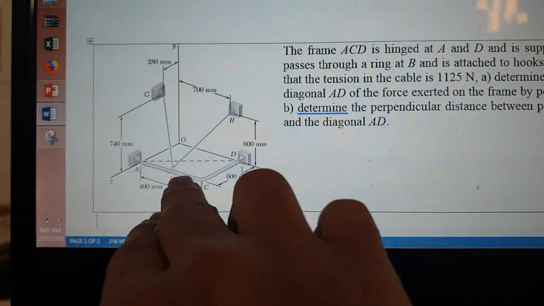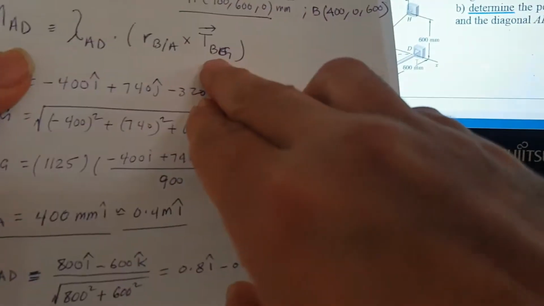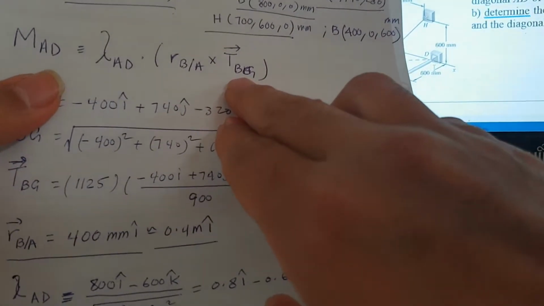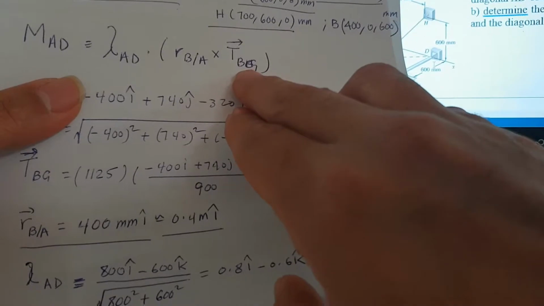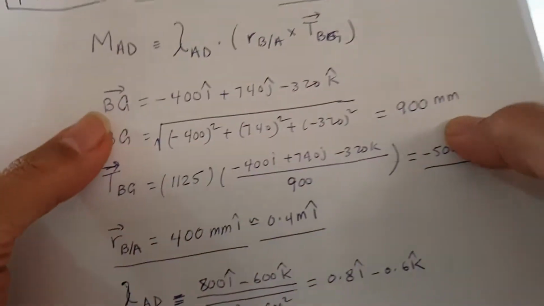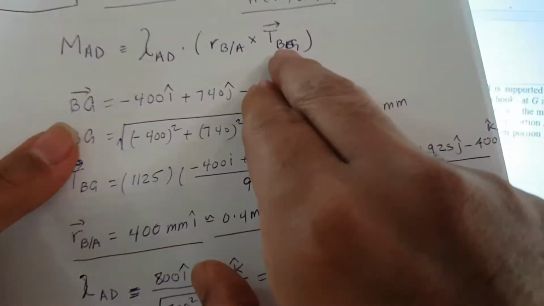So B to A is the position vector, and then cross multiply by the tension BG, because this is the portion BG that we want to take the moment of around that diagonal. Tension BG. Okay, let's find the tension BG.